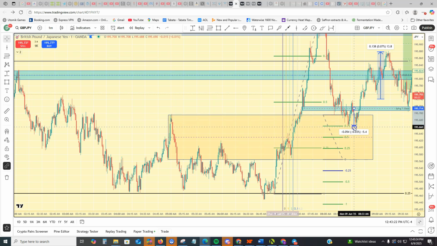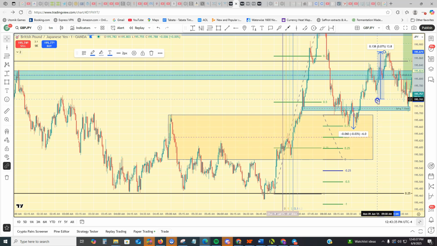And under this one, the stop loss would have had to be below here, and it should be 1 click below. So that would have been 6. This wouldn't have been good. That was 6, 12, 18.